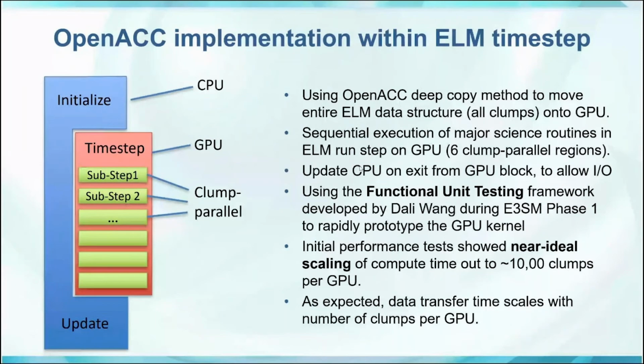There's a step where large chunks of data are then moved onto the GPU, and we do that as few times as possible. And then the complete time step loop is executed on the GPU with all of the substeps which are currently defined within the ELM main time step.